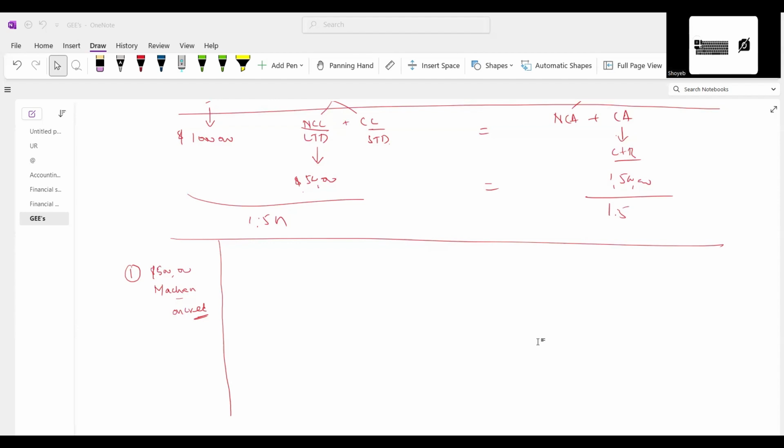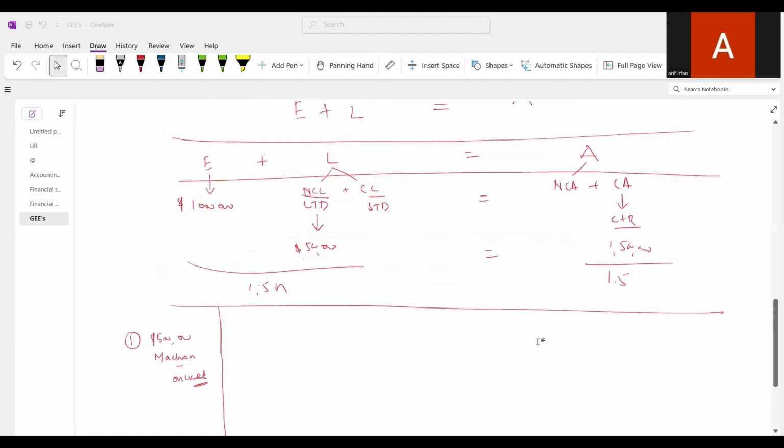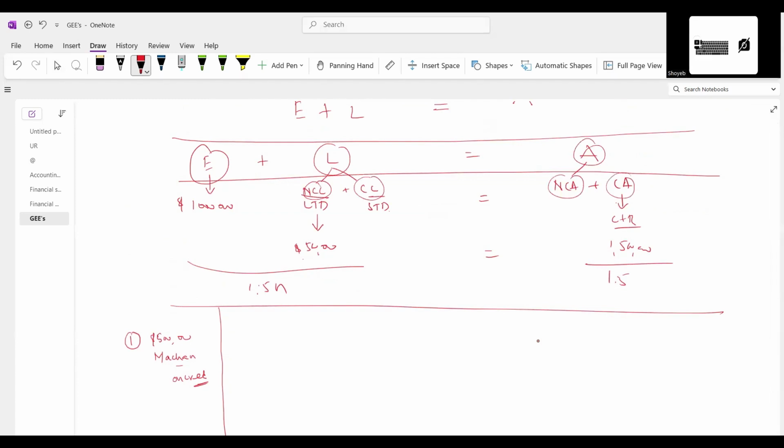Conceptually, in the above equation, what do we have? We have equity, liability, non-current liability, current liability, and asset, non-current asset and current asset. In these 5 accounts, what is increasing, what is decreasing, how is the total amount going to change?